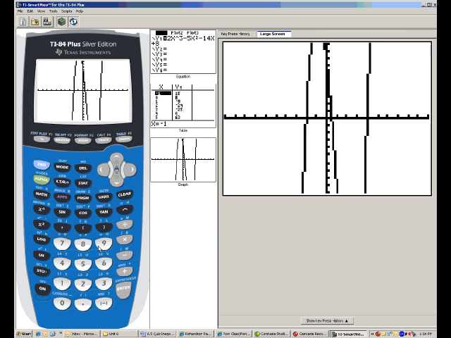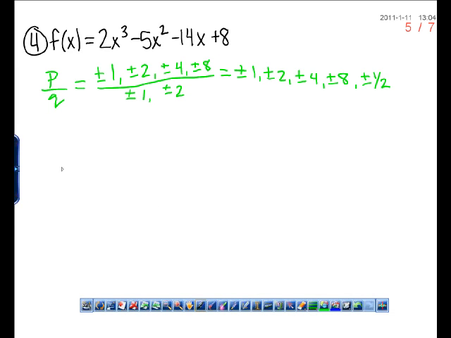Do you see on the graph one of our possible factors that we should maybe try? -2. So let's go back to our problem and let's try -2.